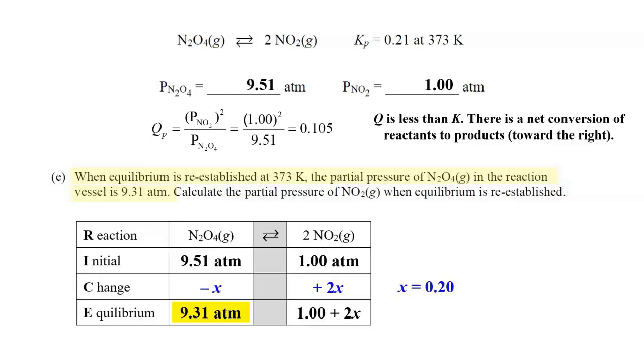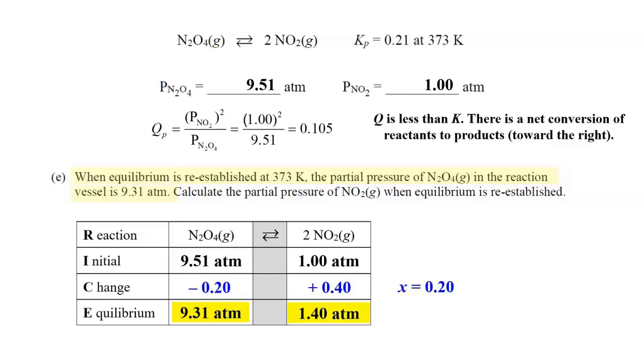So if X is equal to 0.20, that means that 2X would be twice that amount, or 0.40. So the pressure of N2O4 decreases by 0.20 atmospheres, and the pressure of NO2 increases by 0.40 atmospheres. So the final pressure of NO2 when equilibrium has been reestablished is 1.40 atmospheres.